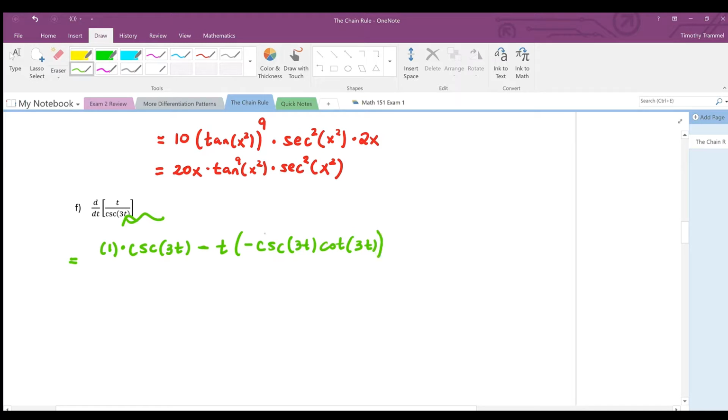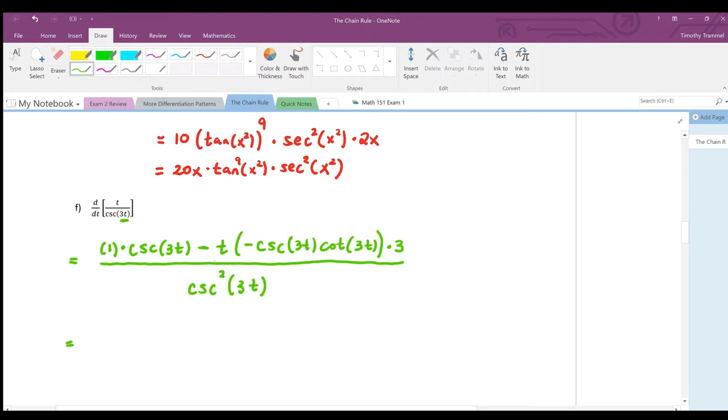And then I still have to take the derivative of the inside function, 3t. That's just 3. And then this should all be over cosecant of 3t squared, so cosecant squared of 3t.